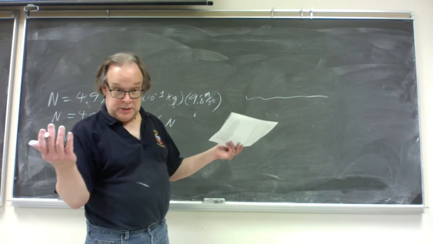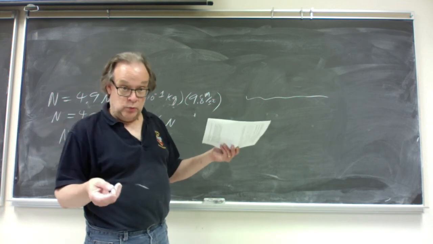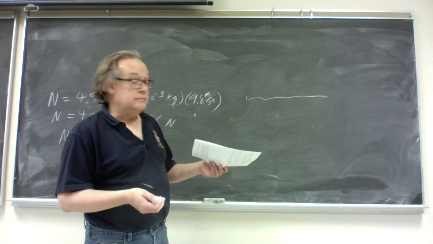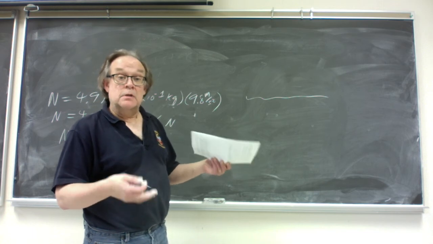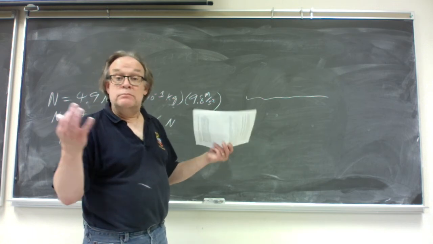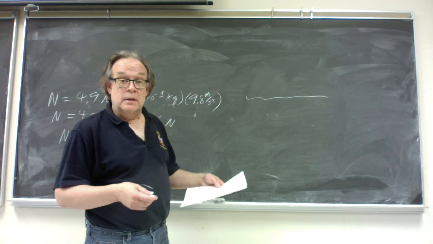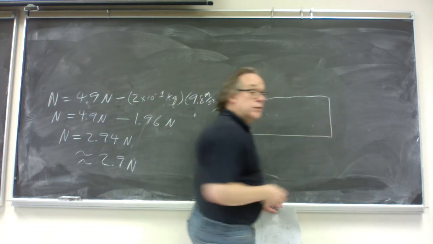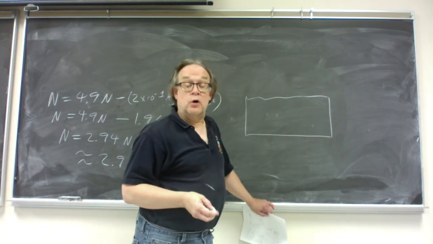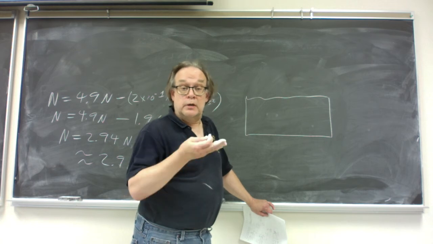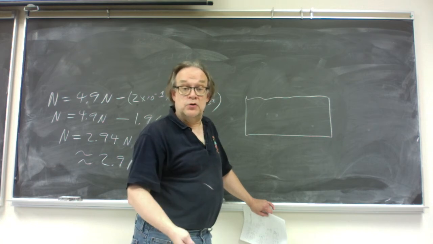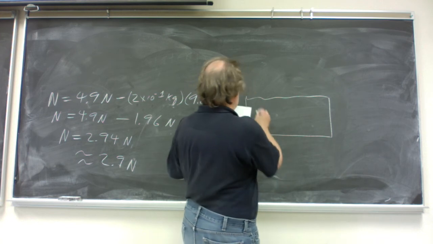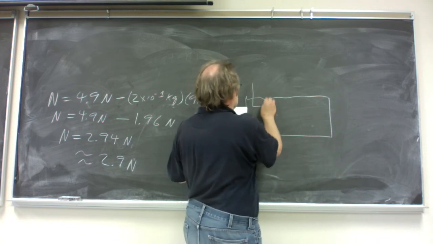Just to keep it simple, let's say they're all rectangular objects, but they're different sizes, different masses, different weights. And as it turns out, they all displace different amounts of water. They're all floating, so they're partly above the surface, partly below the surface, and different amounts below the surface.